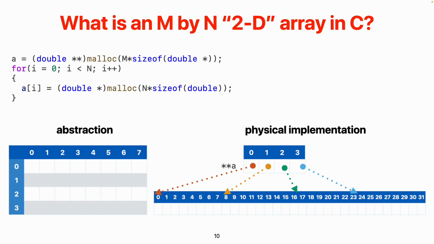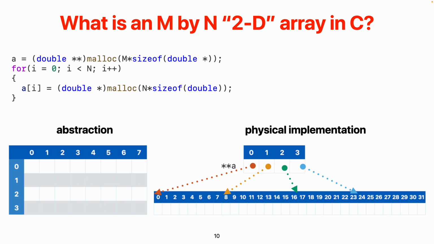And to initialize each row, you have to do malloc again. So here you see a number of double values being allocated as an array. Typically, malloc uses the concept of a memory pool, so if you are allocating data continuously through malloc, it will give you consecutive addresses in a virtual address space.